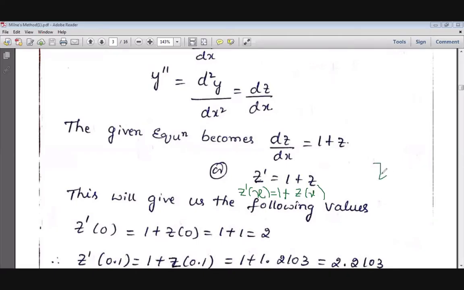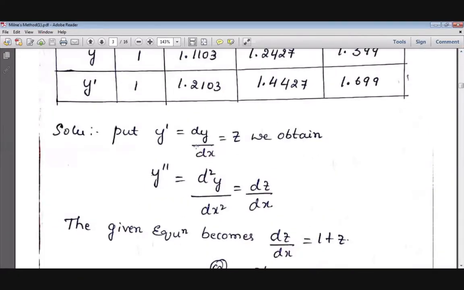What is z of 0? Z of x is equal to z of 0, which means y dash of 0. Why? Because y dash and z both are same. See here, y dash and z both are same.